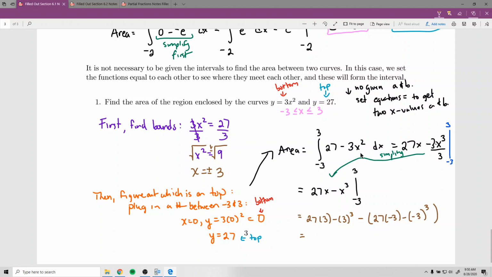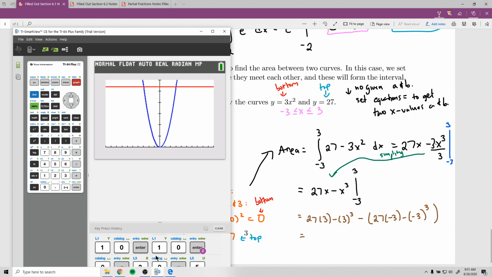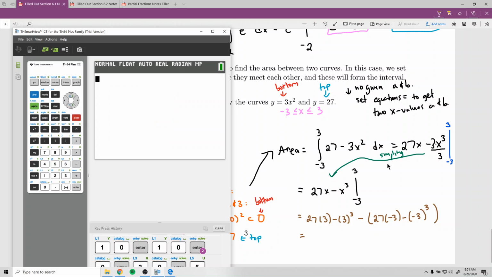One thing, especially with these when the bounds are exactly negative of each other, it's pretty common to look at very quickly and see this and think everything's going to cancel. But just be careful, just do it out. You've done a lot of the work already. No reason to try to rush what I would consider the easiest part.